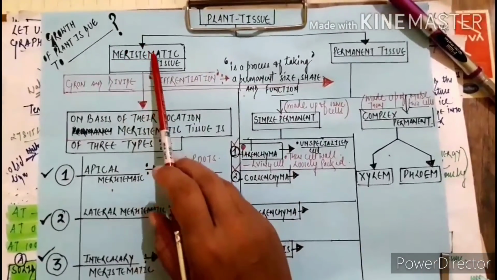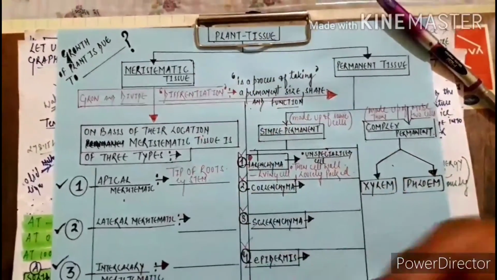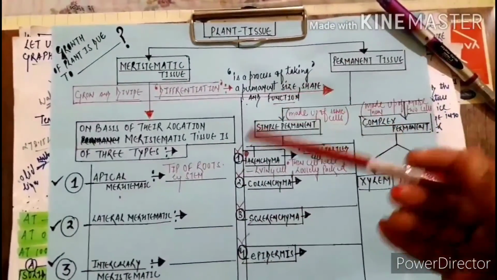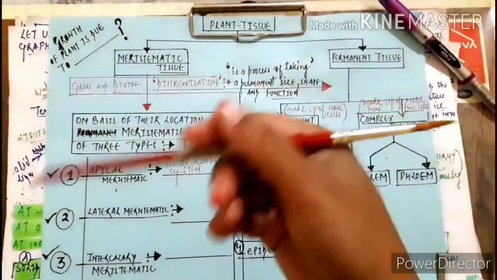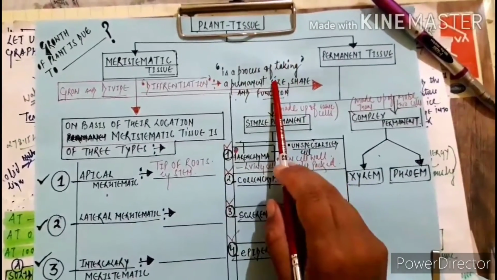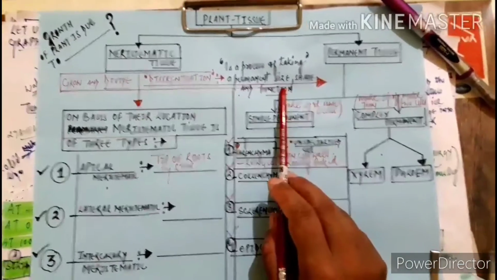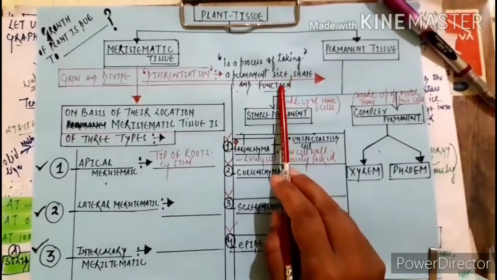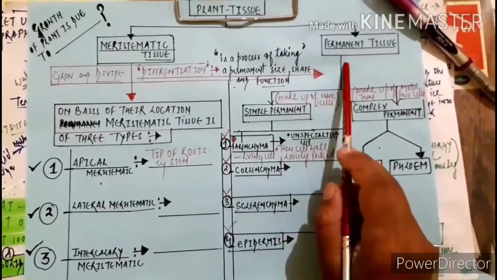When the cells forming a meristematic tissue undergo differentiation, they take up a particular size, a particular shape and a permanent function, and get converted into a permanent tissue.